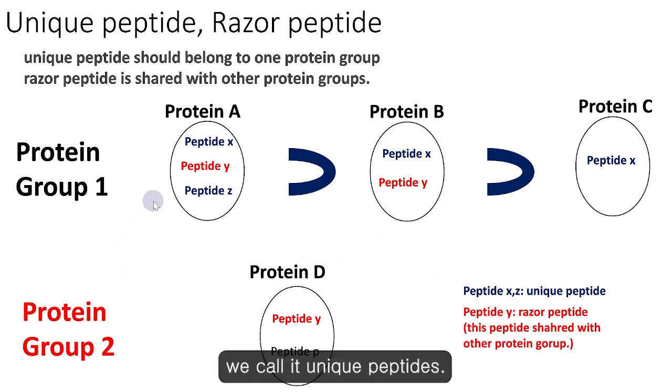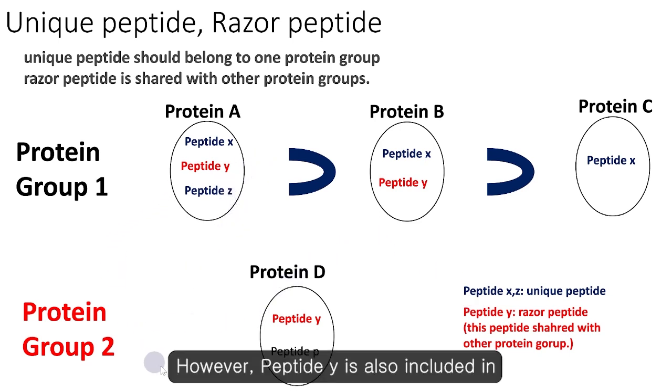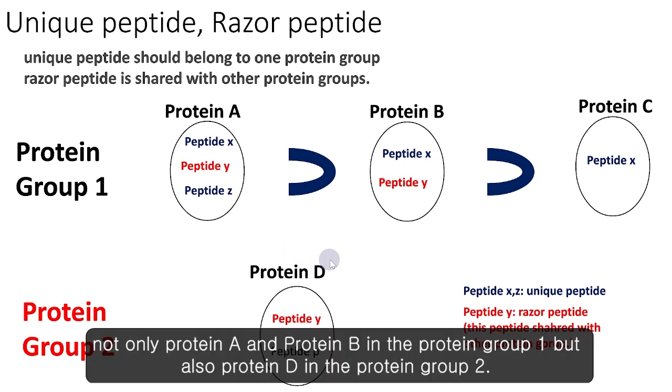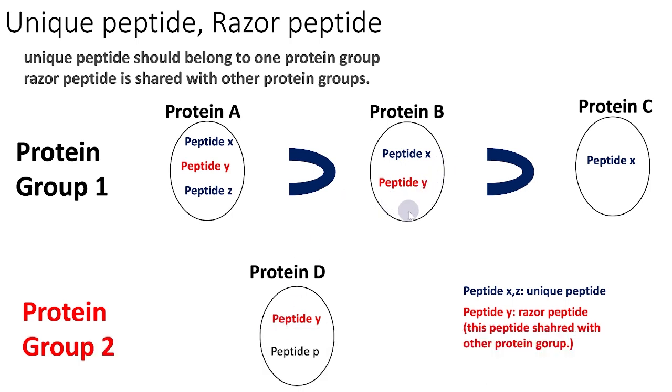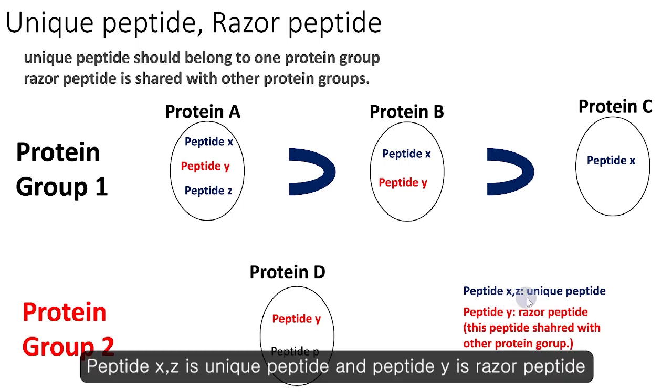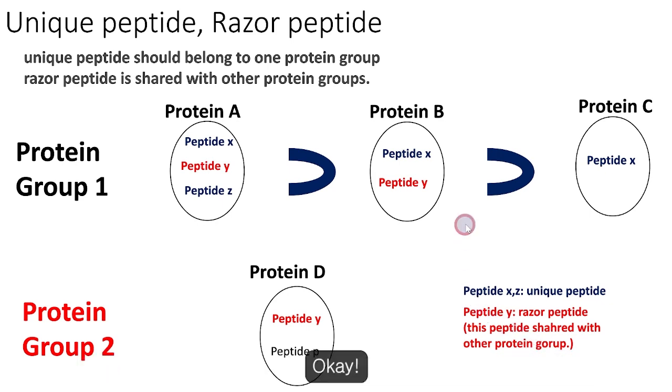We call them unique peptides. However, peptide Y is included not only in protein A and protein B in protein group 1, but also in protein D in protein group 2. So we call peptide Y a razor peptide. Peptides X, Z are unique peptides, and peptide Y is a razor peptide. Okay.